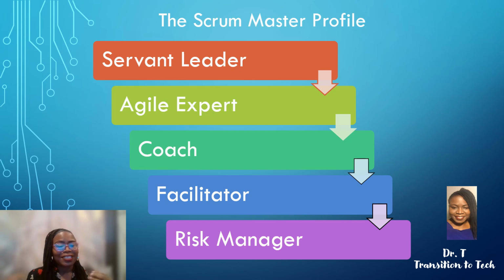You're also a risk manager. During those daily stand-ups, you're listening for those blockers, the issues, and the concerns that the team members bring up. You set the tone and you set the environment for it to be a safe space for the team to communicate that information. But it's your job to take the information and resolve any impediments, blockers, or mitigate the risk.